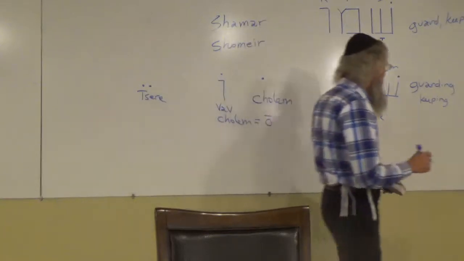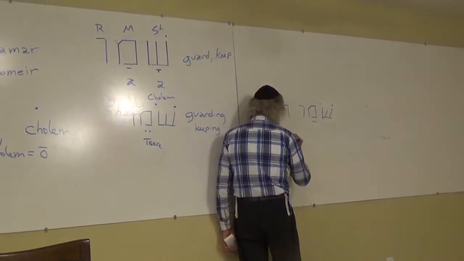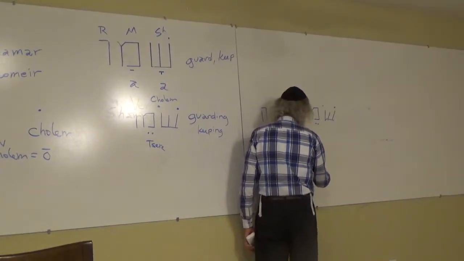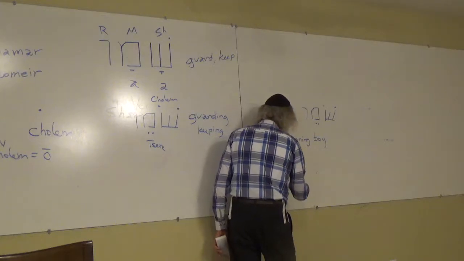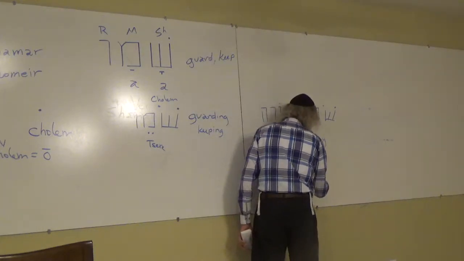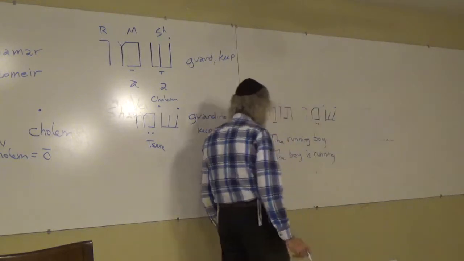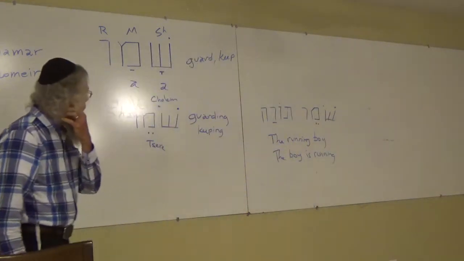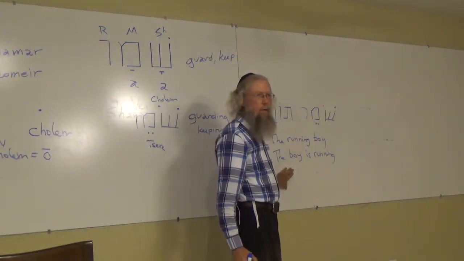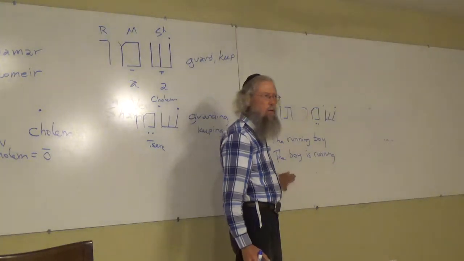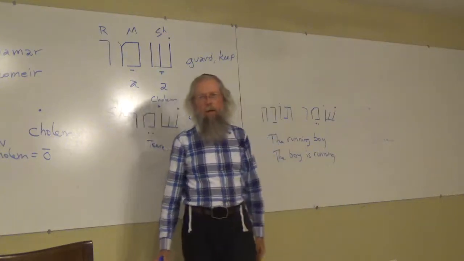So I can say the running boy, or I can say the boy is running. It's still a participle, and it's still describing the boy. It's giving action to the boy, but it's giving definition. It's a descriptor of the boy. What is the boy doing? The boy is running.